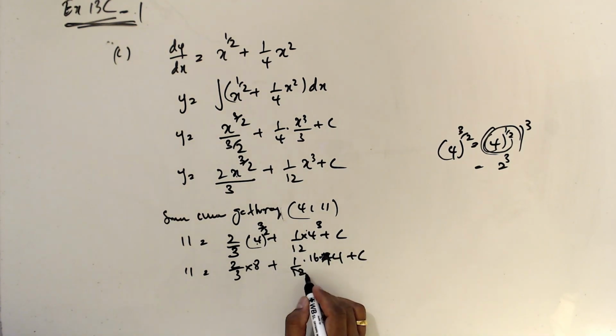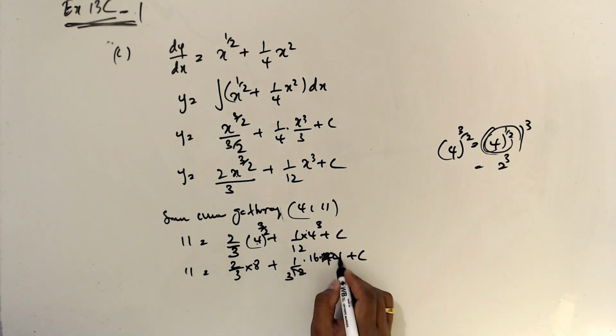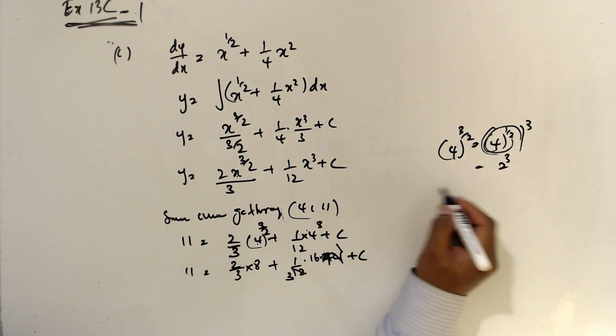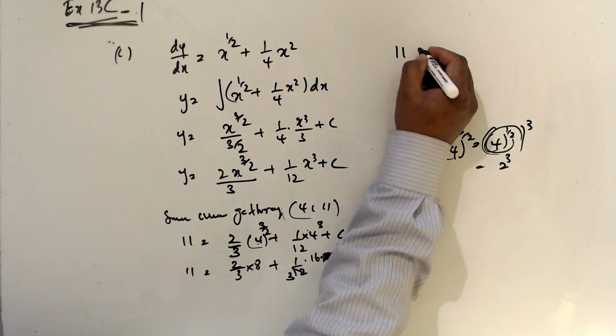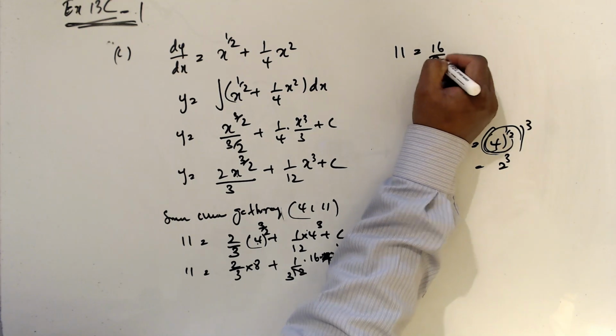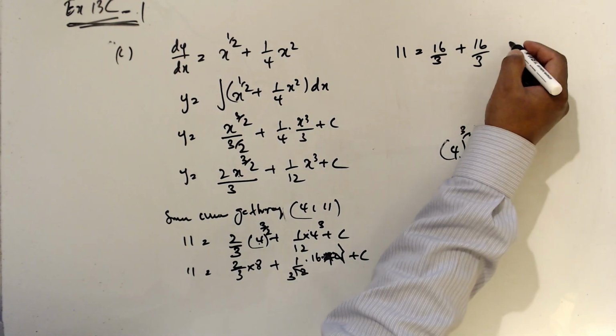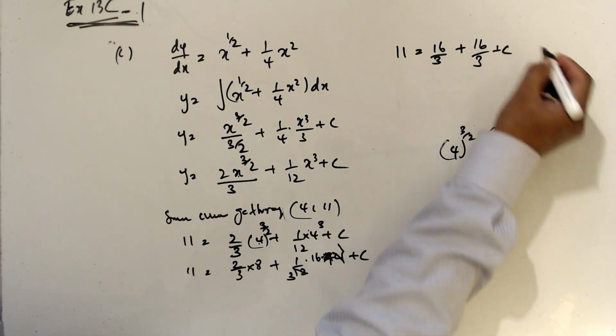So this is 3 times 4 is 12, and this is 4 times 16. So this is going to be 11 equals 16 over 3 plus 16 over 3 plus c.